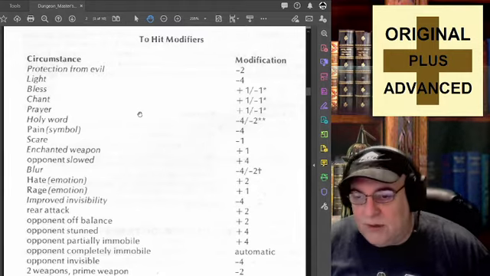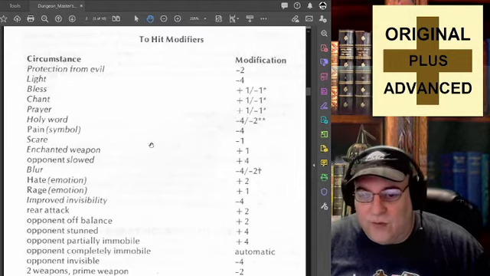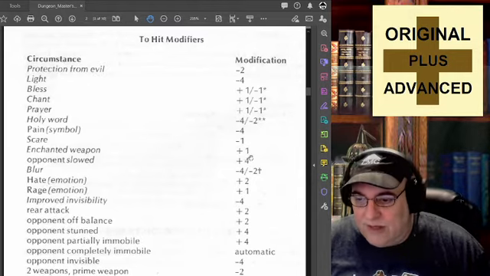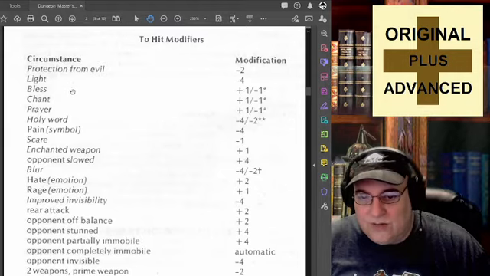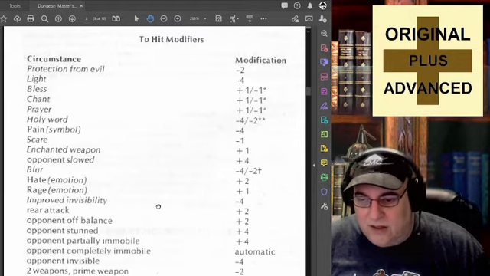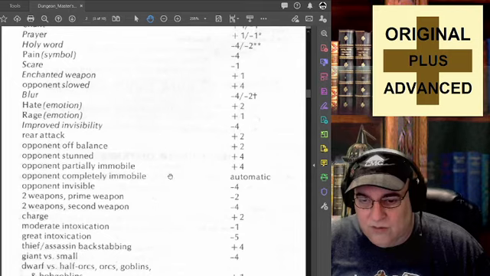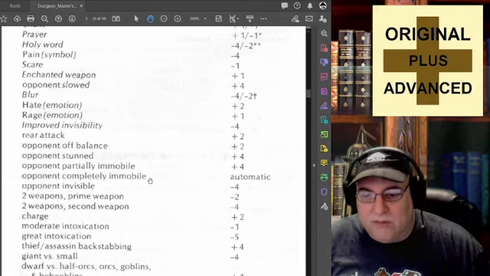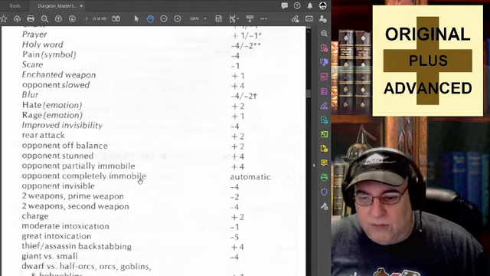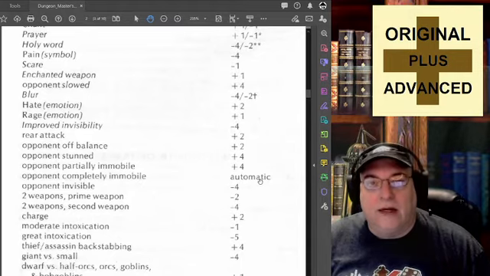So, some of the tables that are on here, we'll go over these fairly quickly because the modifications, particularly on this, to hit modifications for these spells is interesting. And then also for things like rear attack, opponent off balance, stunned, partially immobile, completely immobile, automatic.